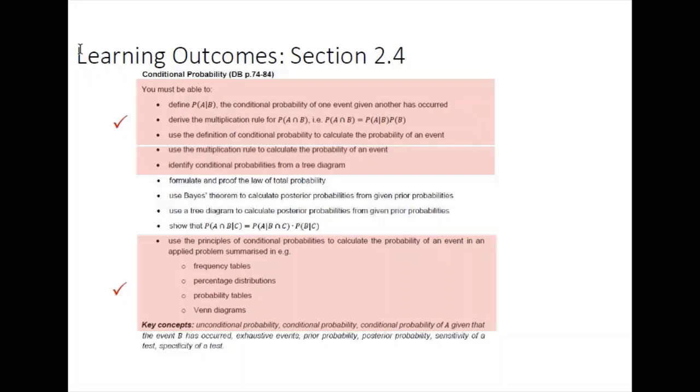But in this part we are going to talk about multiplication rule and using the multiplication rule to calculate the probability of an event, and also identifying conditional probabilities from a tree diagram.